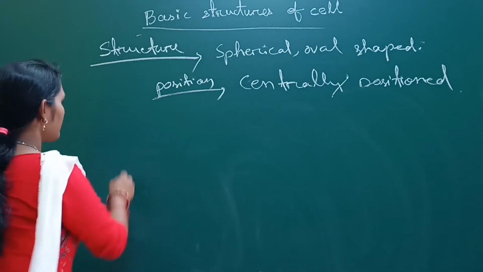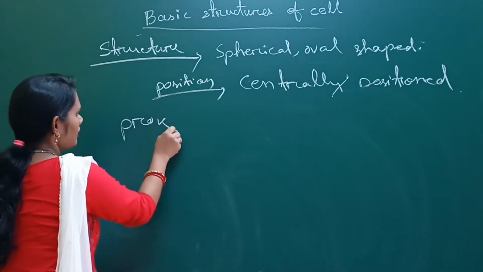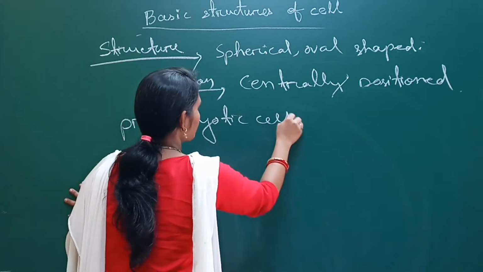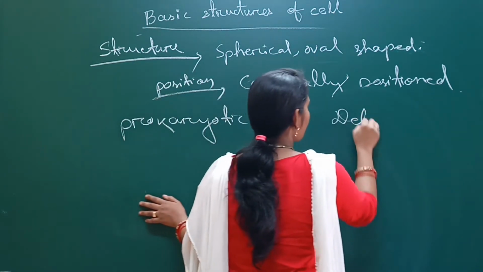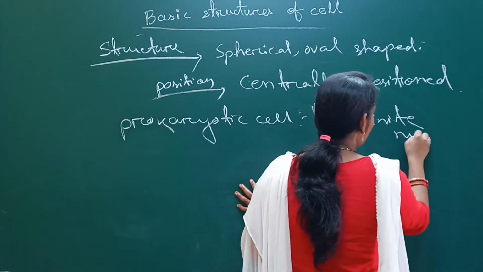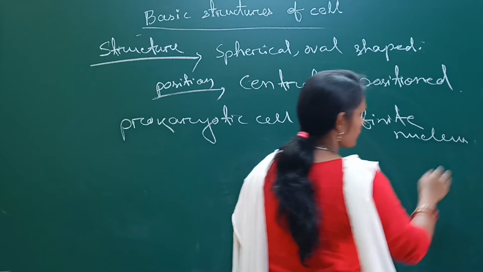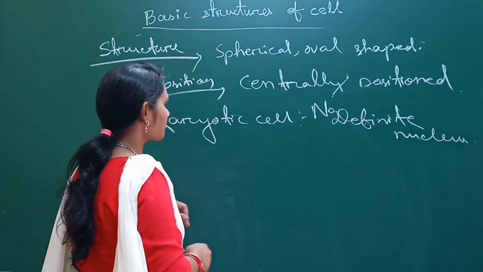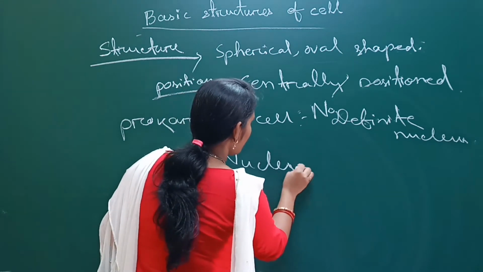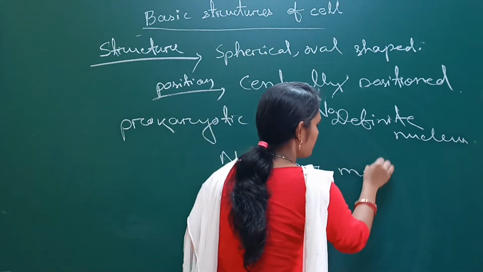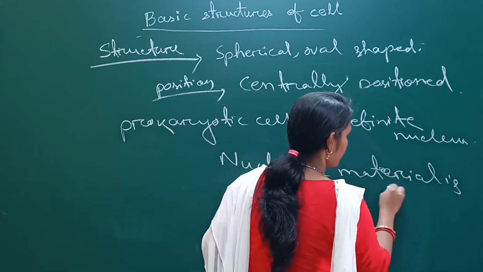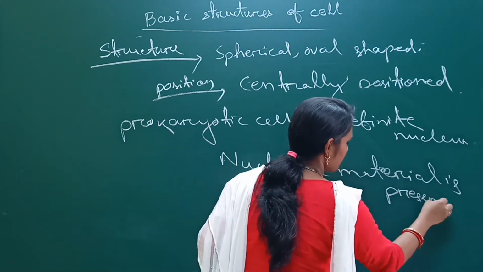But in a prokaryotic cell, as we have already discussed, there is no definite nucleus because no nuclear membrane is present. Nuclear material is present, but the nuclear membrane is absent.